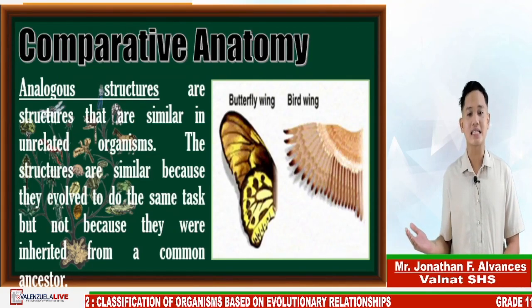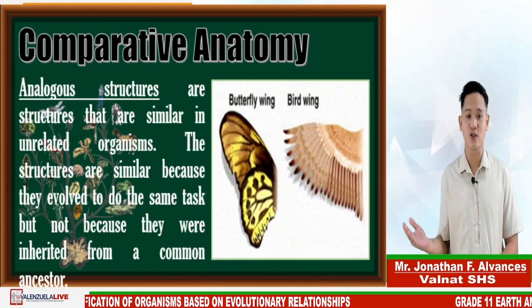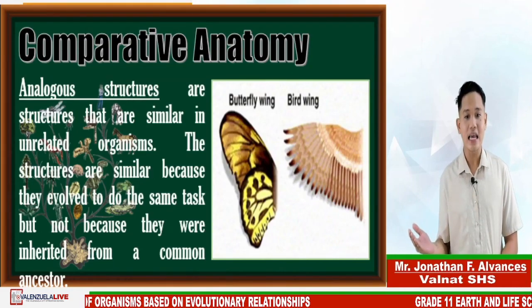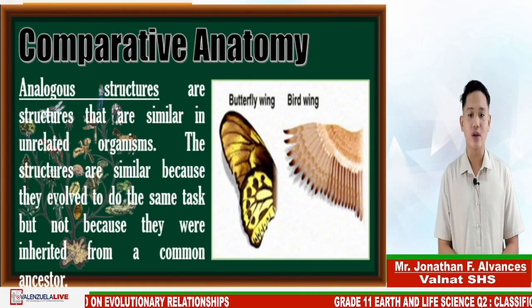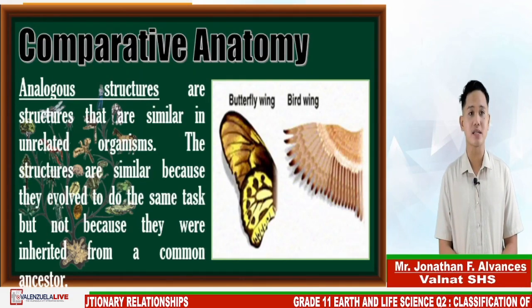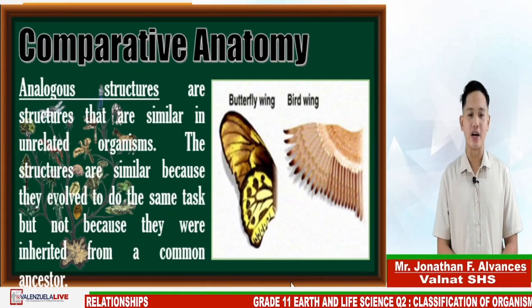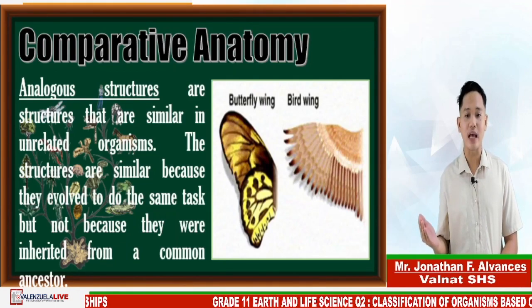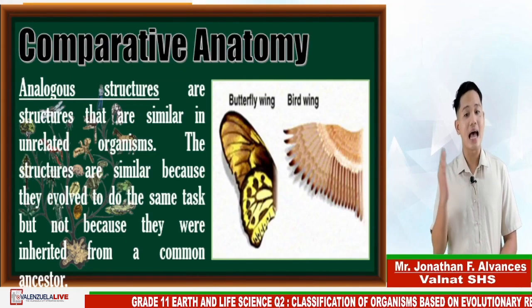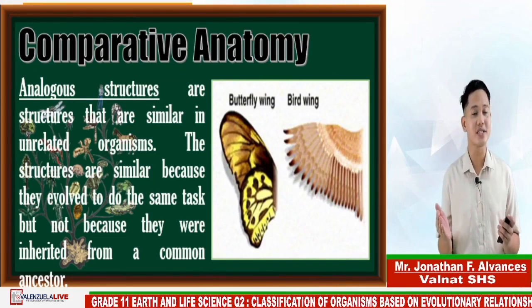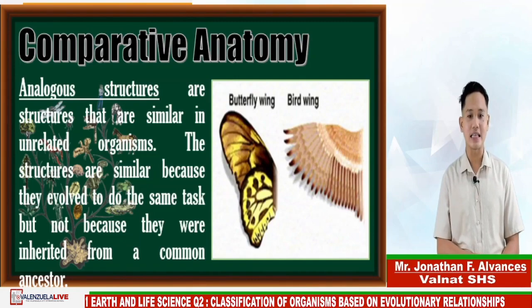The figure shows an example of an analogous structure. The butterfly and bird wing have evolved with similar function for two different organisms, but when compared, the wings have different internal structures. This suggests that insects and birds are not closely related.